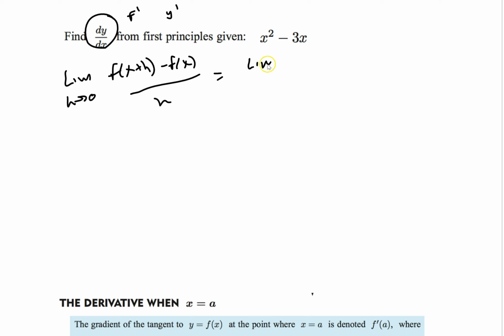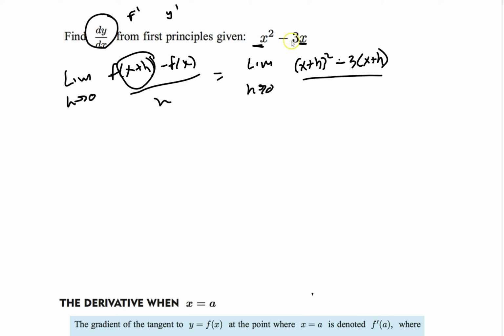So if I want the limit as h approaches 0, let's plug our stuff in, right? Now x plus h means plug in x plus h for the x's. I have 2 of them this time. Doesn't matter. X plus h squared plus minus 3 times x plus h. That's all this part right there.